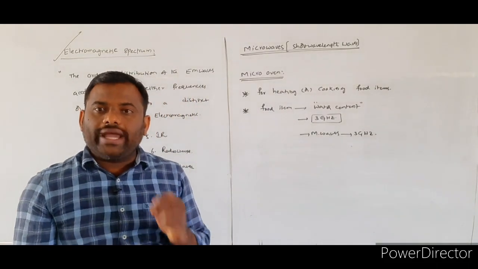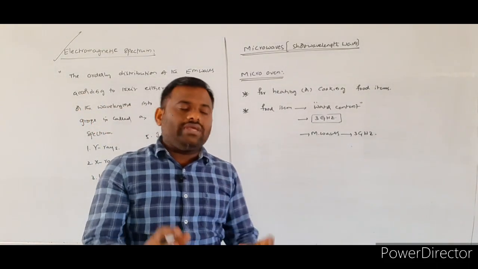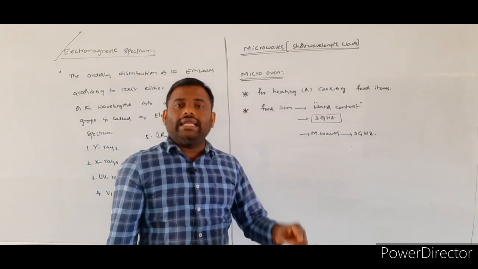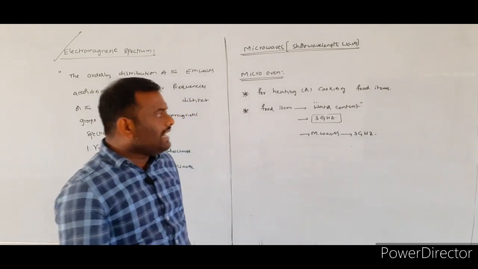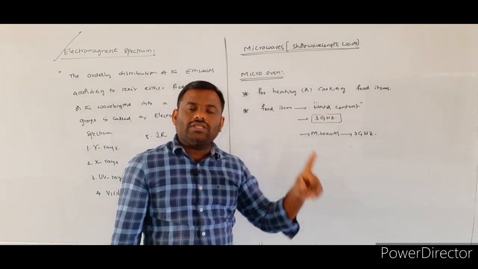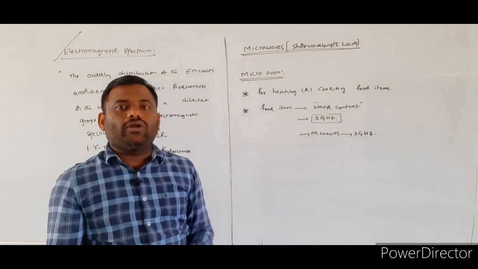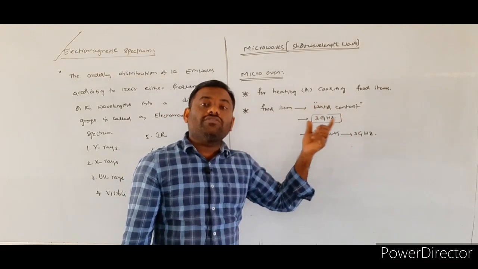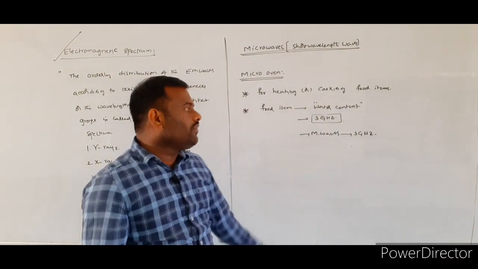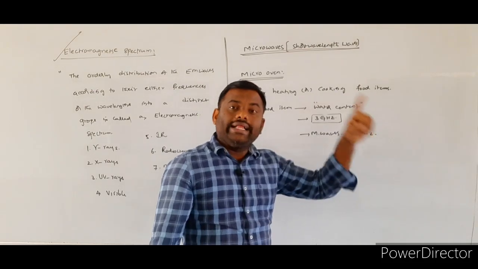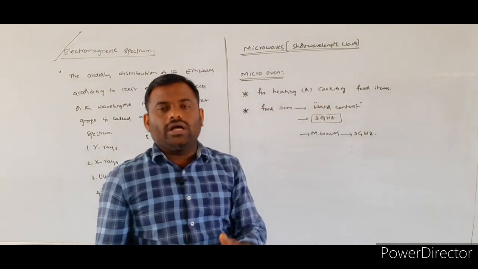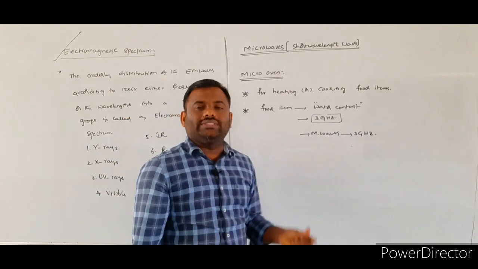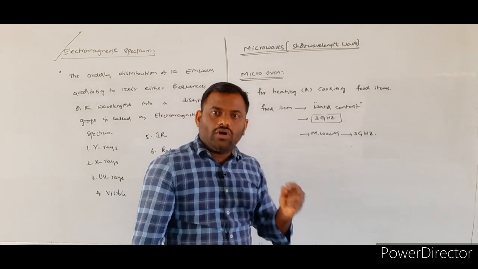Whenever we place food items inside the microwave, the microwaves pass through the food item, whose water content has a frequency of 3 gigahertz. Then only will the food item be cooked or heated very quickly. Like that, we have to choose the frequency value in the microwave oven.